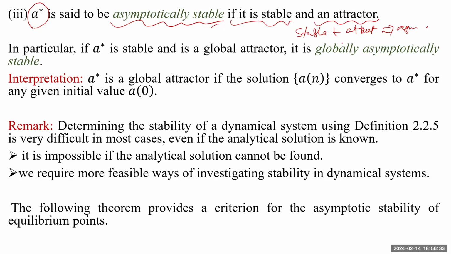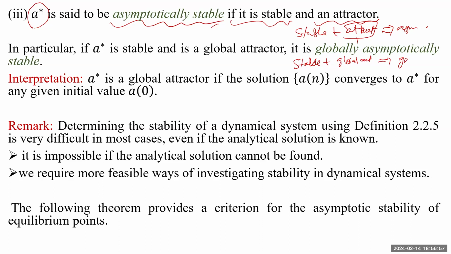Suppose in place of attractor there is a global attractor, right? Stable plus global attractor, we call it globally asymptotic stable.